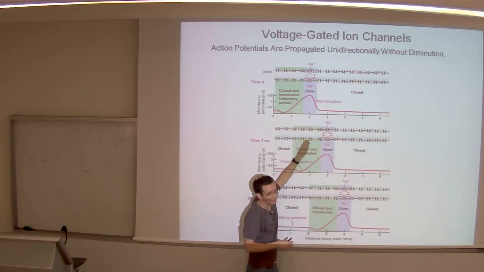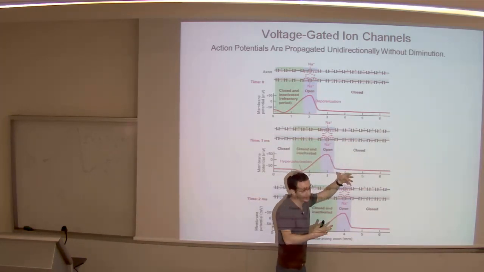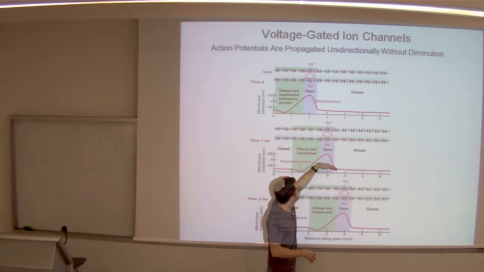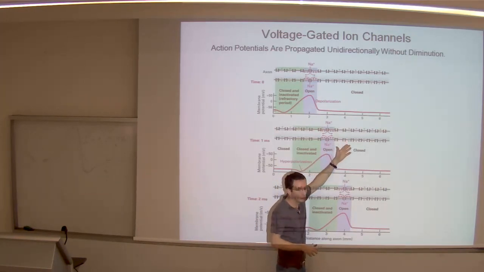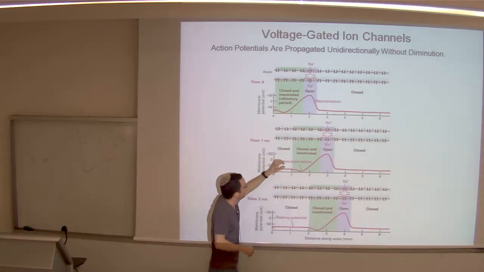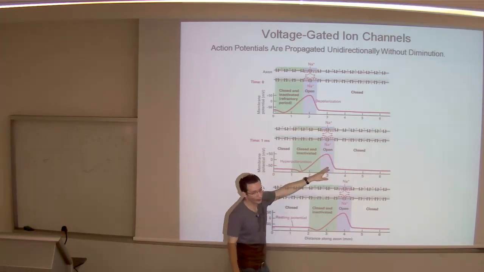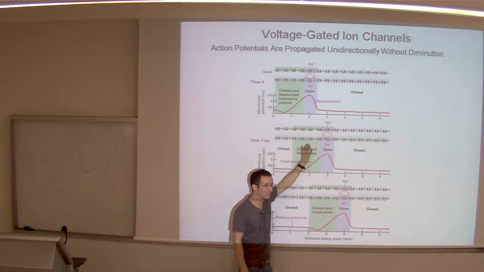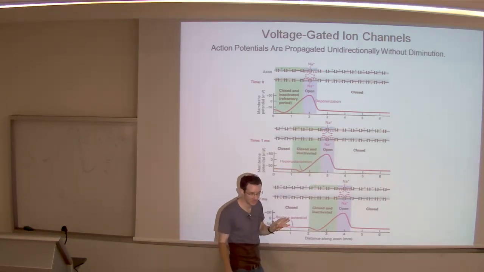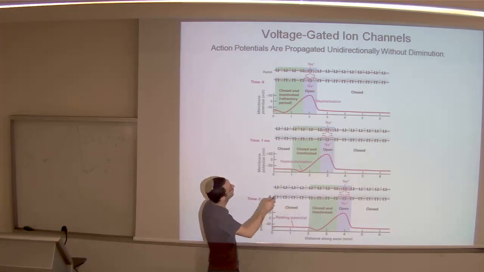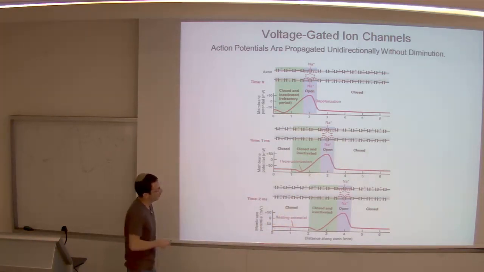These are in an inactive state, and these are in a standby active state that upon slight depolarization will open and cause the positive feedback. So an action potential, while it propagates towards the terminus, leaves behind it, so to speak, a tail of inactivating voltage-dependent channels. And that's the reason for the unidirectional propagation of action potentials.